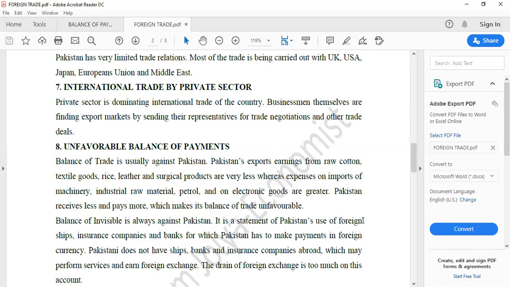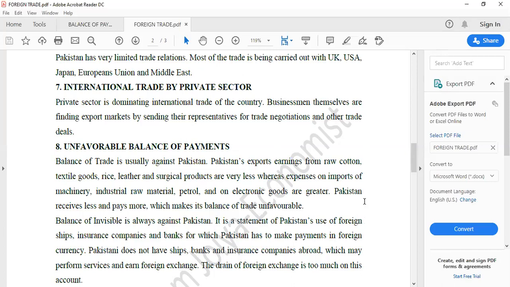That means our incoming payments are less than the outgoing payments. When we pay more in any form for anything, and when we earn less in any form or from anything, that becomes unfavorable balance of payments.